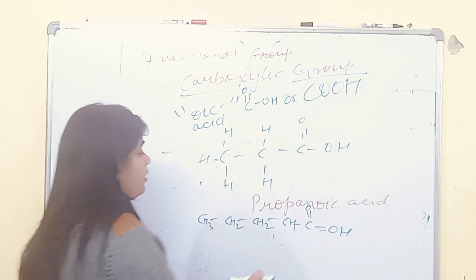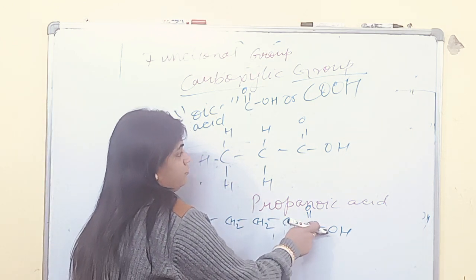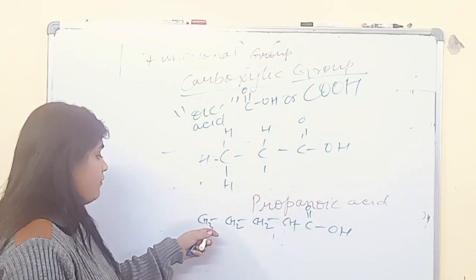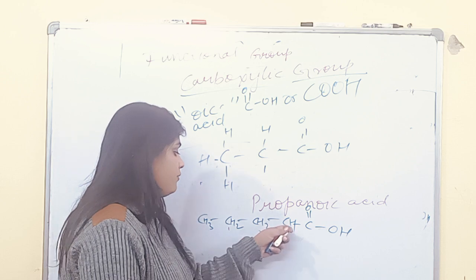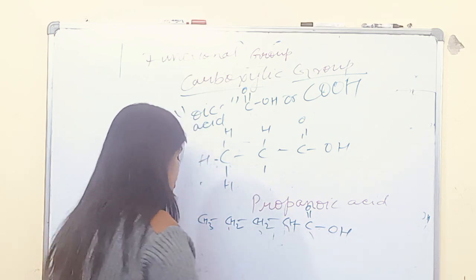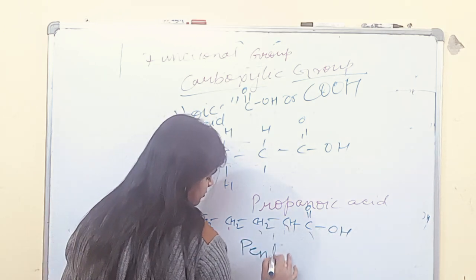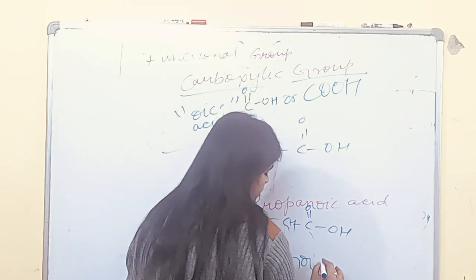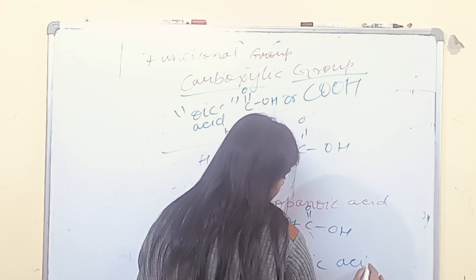Now come to 1, 2, 3, 4, 5. 1 carbon, 2 carbon, 3 carbon, 4 carbon, 5 carbon. So 5 is pentane, and the suffix will be used as pentanoic acid.